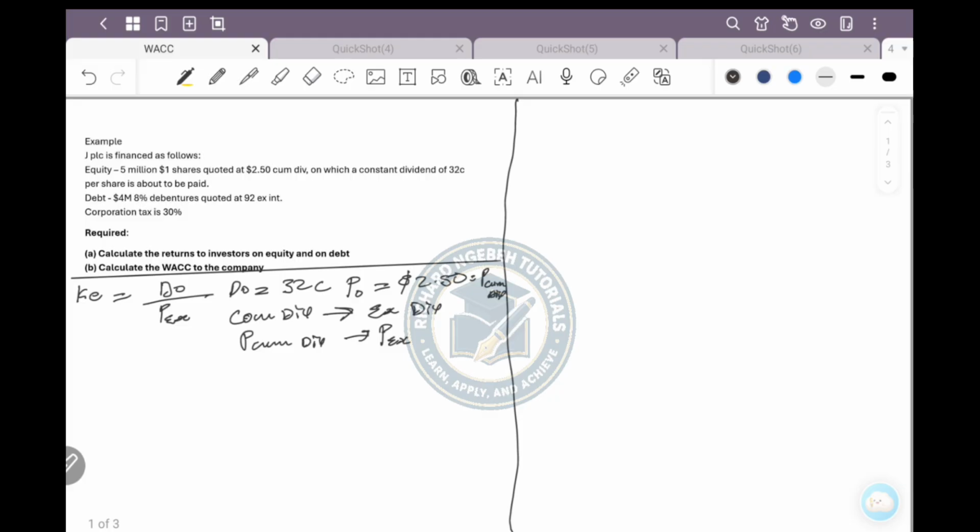Remember, dividend is about to be paid, it means dividend has not been paid yet. So this market value, the cum div, has dividend in it. All you need to do is subtract this dividend that is in the market value. Then you can calculate.